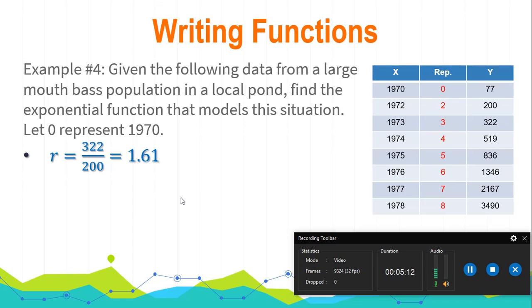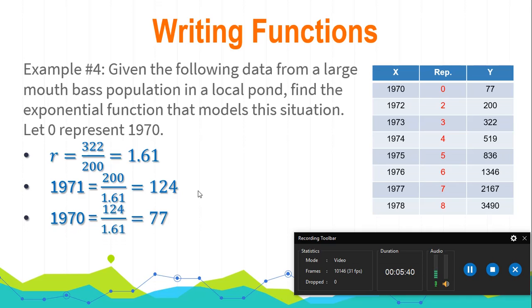I'm going to use this value to work backwards and find the number of bass in the pond in 1971. So I'm going to take 200 and divide it by 1.61. I did round the answer off to 124. The decimal was 0.22. And now that I know the bass population in 1971, I can again work backward and divide 124 by 1.61 to find the bass population in 1970.